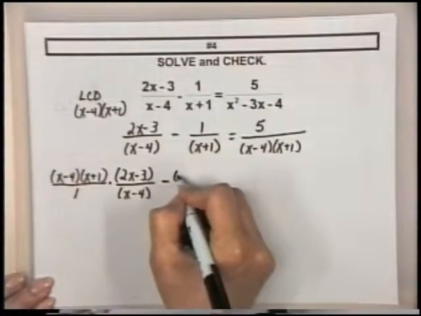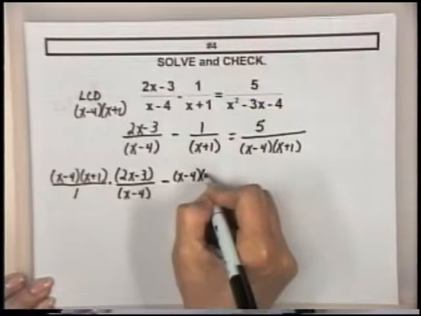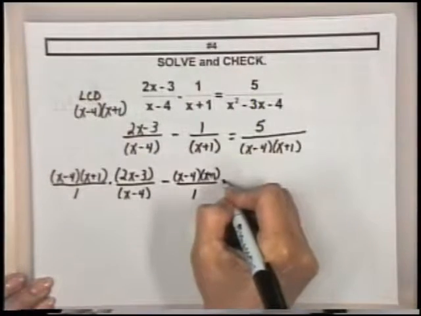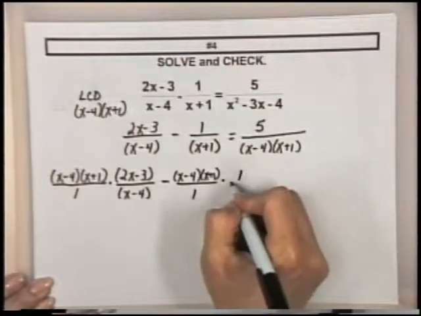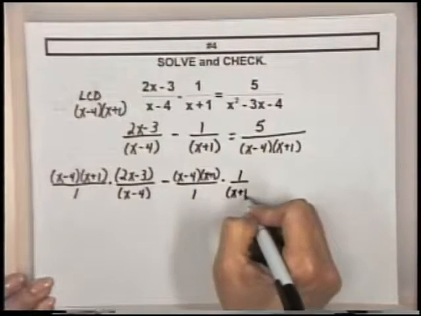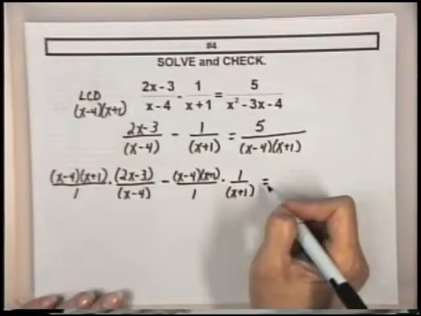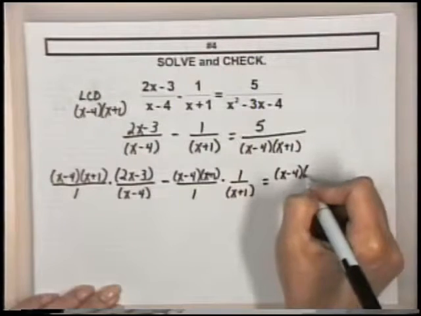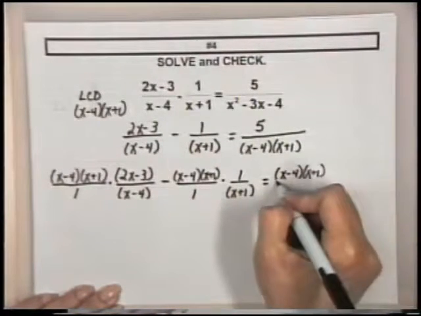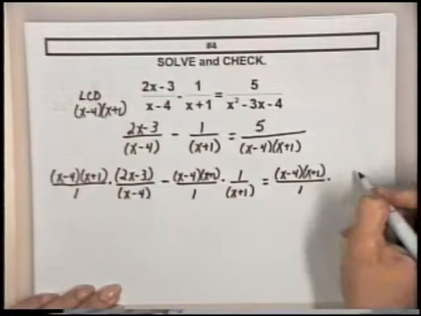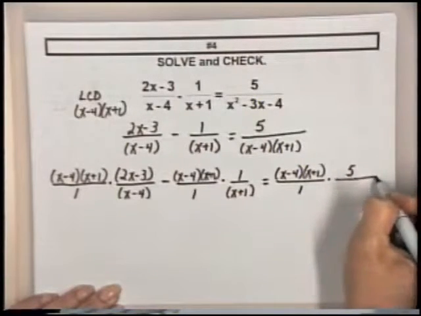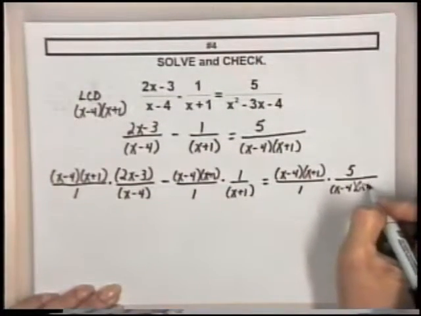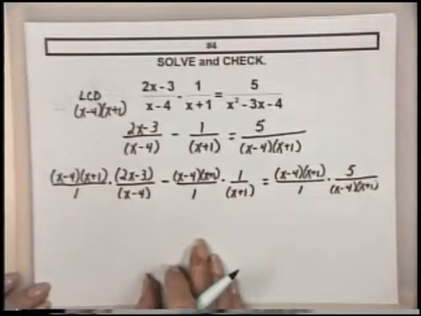Subtract, let's write our LCD, x minus 4 times x plus 1 over 1 times our second fraction, 1 over x plus 1, equals our LCD, x minus 4 times x plus 1 over 1 times our 5 over x minus 4 times x plus 1.